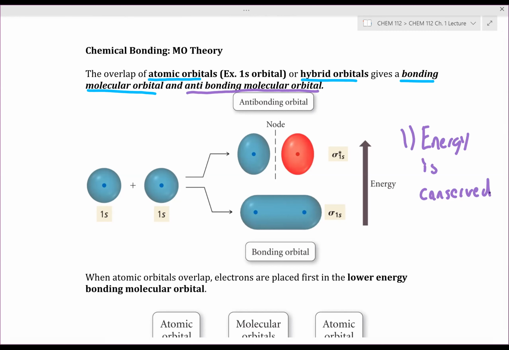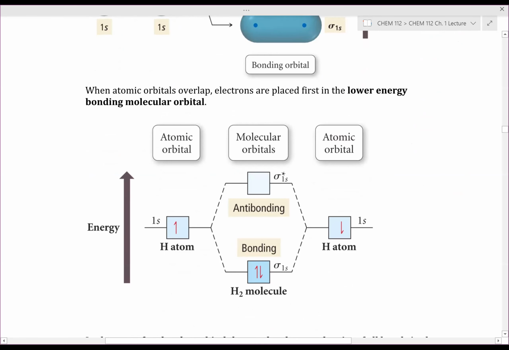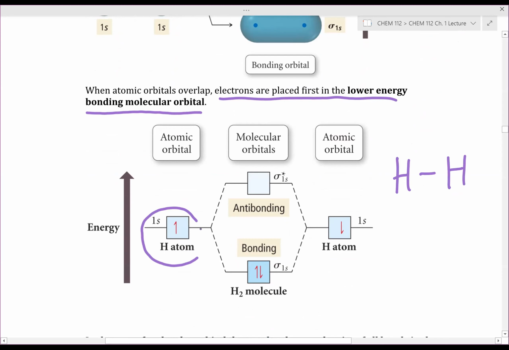Now, the main draw of this process is that electrons are placed first in the lower energy bonding molecular orbital. We fill our orbitals from lowest to highest energy, just like we did when we were writing electron configurations, right? Now, if we look, for example, at a hydrogen-hydrogen bond, our first hydrogen atom consists of a single electron in a 1s orbital.